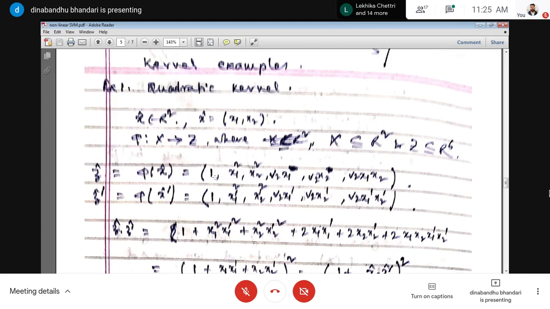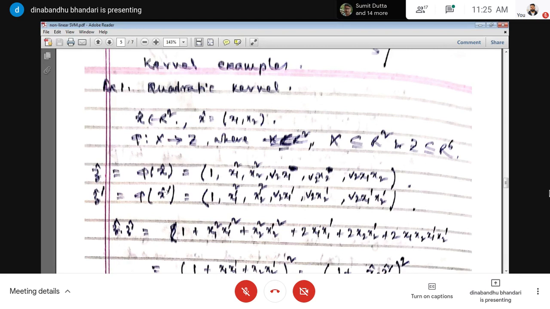This is very familiar from analytical geometry, and we know under what condition it is a circle, a pair of straight lines, or a parabola, and all those things. So in two dimensions, there will be three quadratic terms, two linear terms, and one constant term. And this is the transformation I have given.